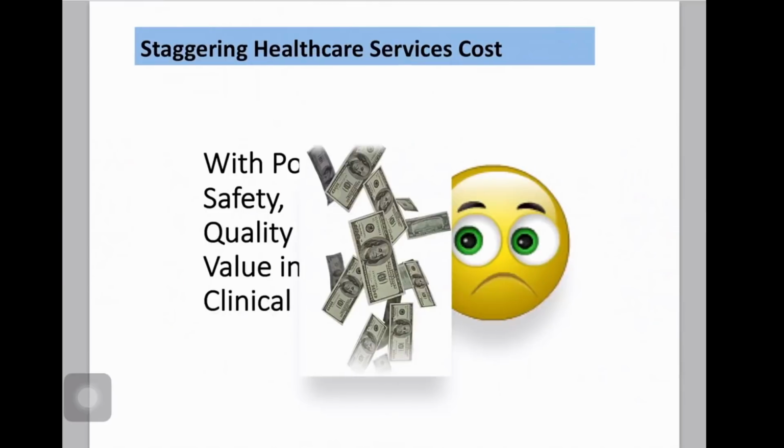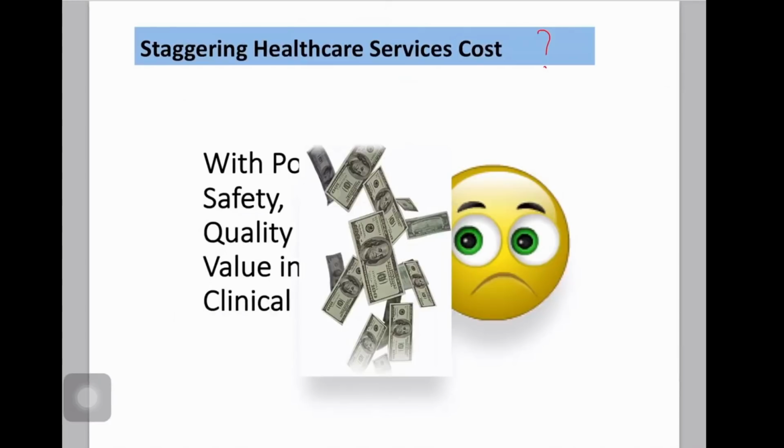Now the question is, with this staggering healthcare services cost, we are paying around several hundred dollars every month for our health insurance. Are we getting the quality and value of clinical care that it should be, according to the money?